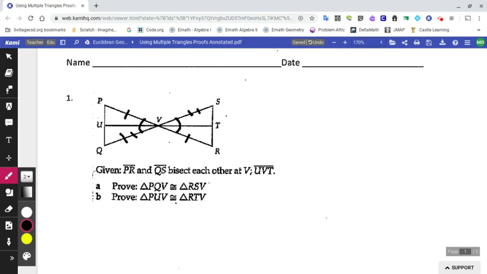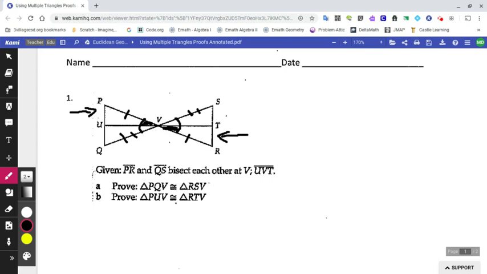Then it says PUV, which is this smaller triangle on top here, congruent to RTV, which is this smaller triangle on the bottom there. Well, now that those two big triangles are congruent to each other, I can use the parts from those two big triangles, part A, to prove part B. Right now, really all I've got is RV and PV, which we already have congruent, and this little angle in here congruent to this little angle in here.